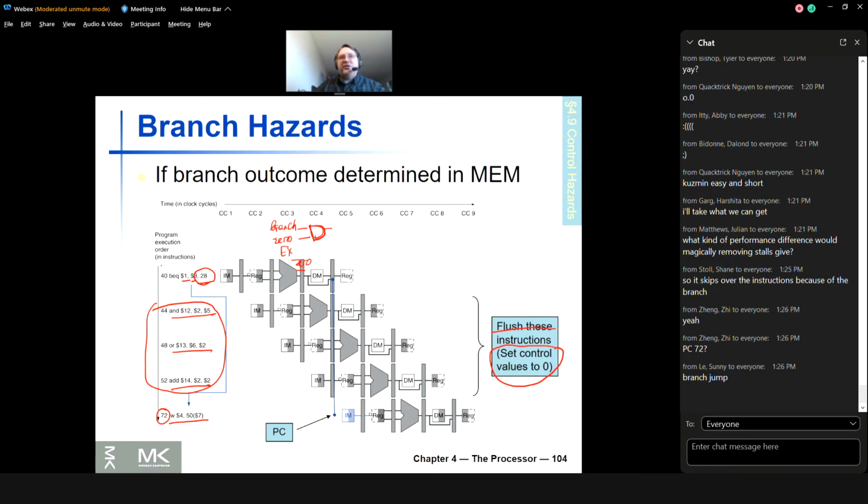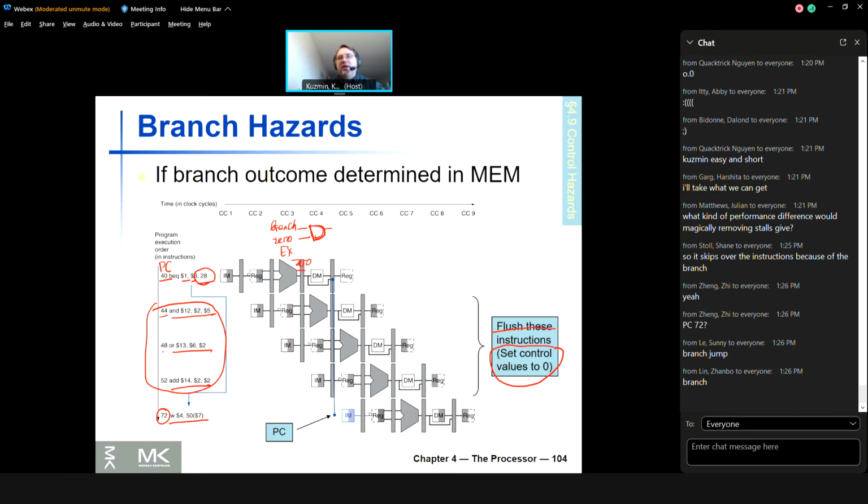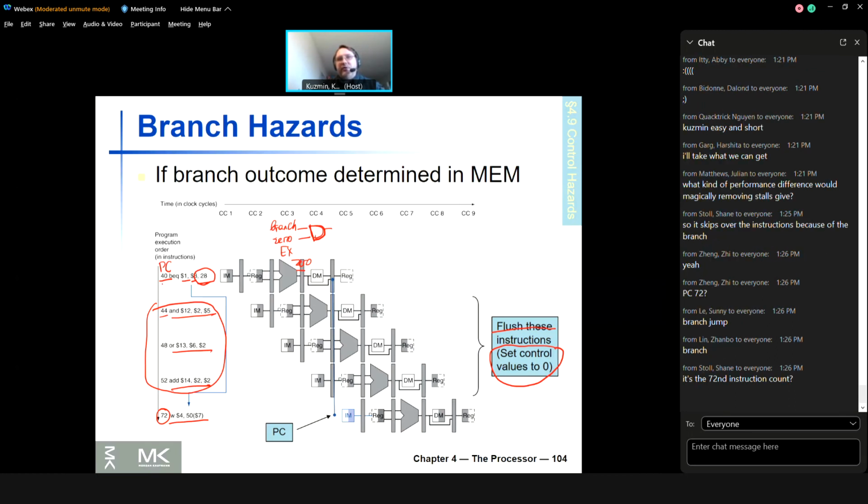Those are values of the PC, right? Instruction 40, next one is 44. This is the address in instruction memory where the instruction resides, and the PC will go through 40, 44, 48, 52, and so then why 72?